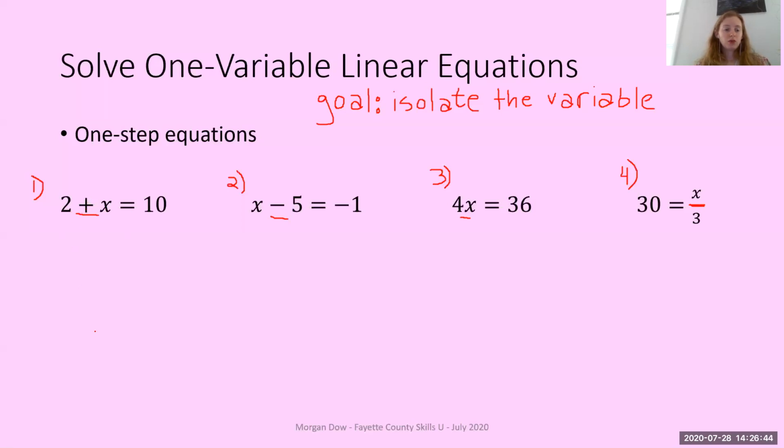So in order to get the variable by itself on the equal sign, remember that's my ultimate goal, is to have something that looks like this, where x equals some number. In order to do that, that means I need to get rid of this 2, right? I need to cancel it out. So if you are adding the 2, the way that you get rid of that or cancel it out is by doing the inverse, by subtracting.